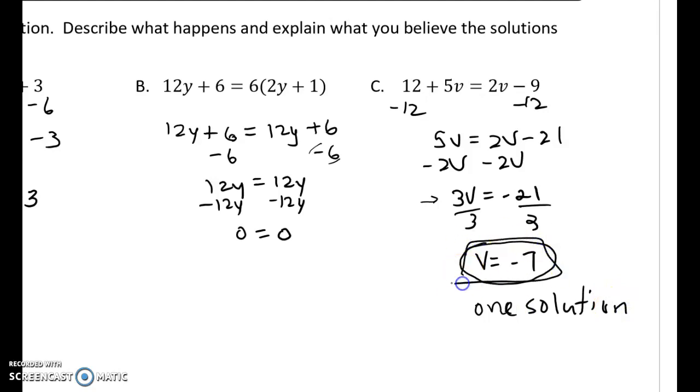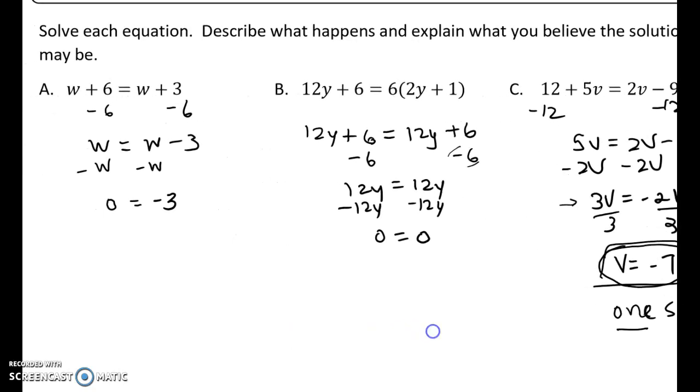That's the answer. Negative 7 is the solution for this equation. And we talked about how we know. Well, we can take negative 7, plug it back in for V in the equation, and we can do a check. This one solution, negative 7, we're going to see does work.